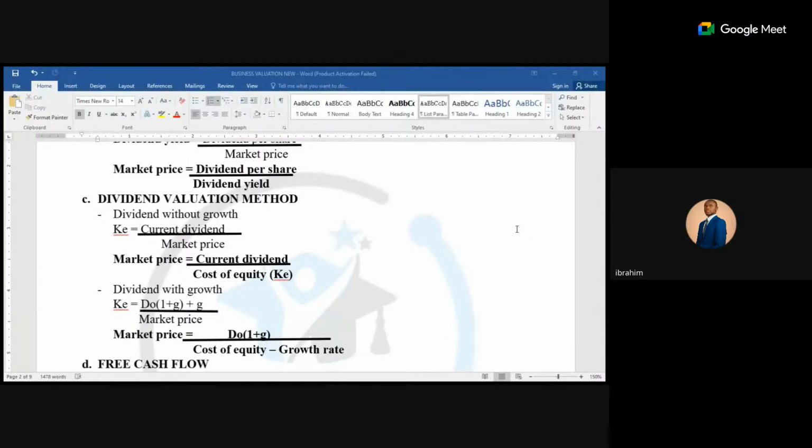And how do we determine the value under the dividend valuation? We should not forget that there is dividend with growth. When you want to determine the dividend without growth first, the dividend will be constant. How do we determine the market price, the value? Don't forget, market price means per share.